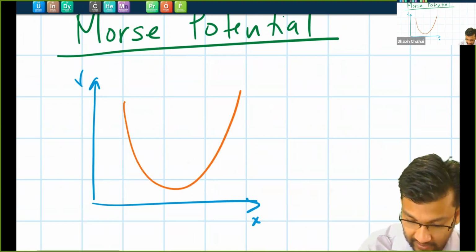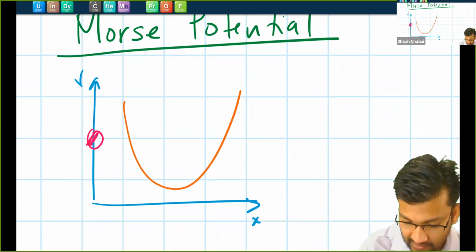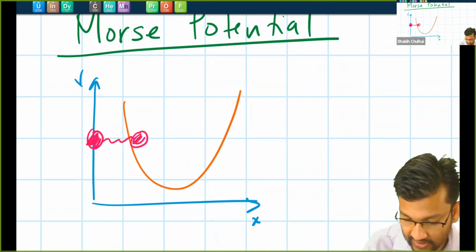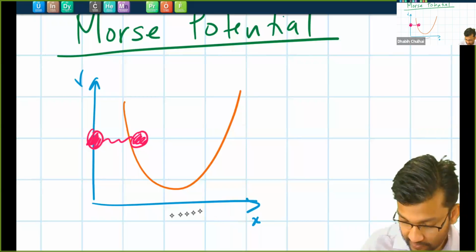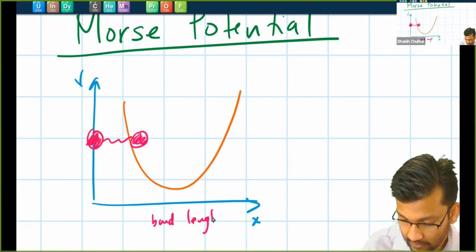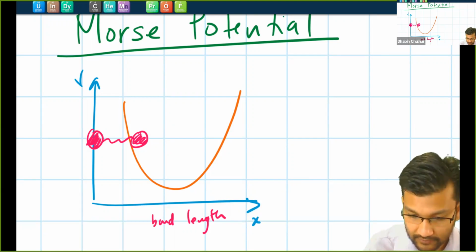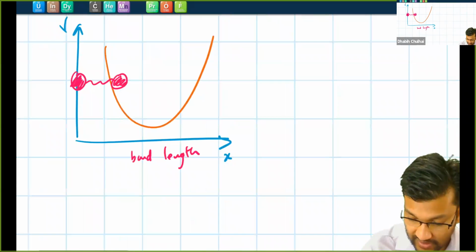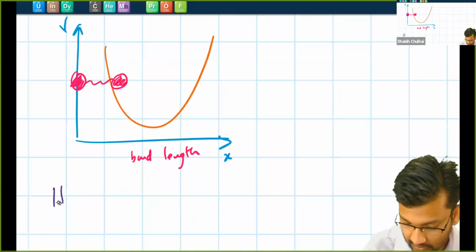You're imagining one atom fixed on this y-axis and then the other atom somewhere in this potential. So you can think of X as being the bond length, and then you can move this one atom back and forth, changing the bond length as it vibrates. So this would be the harmonic oscillator or HO potential.